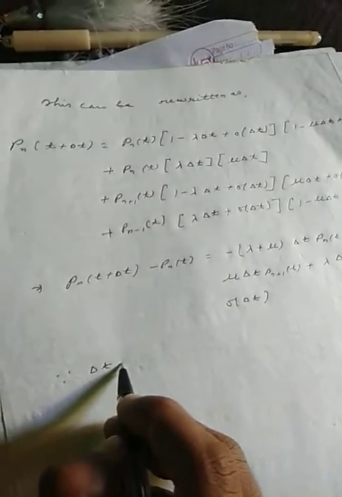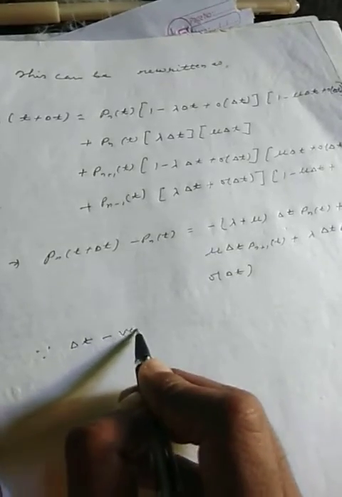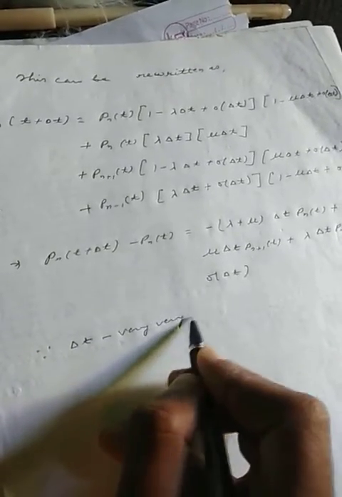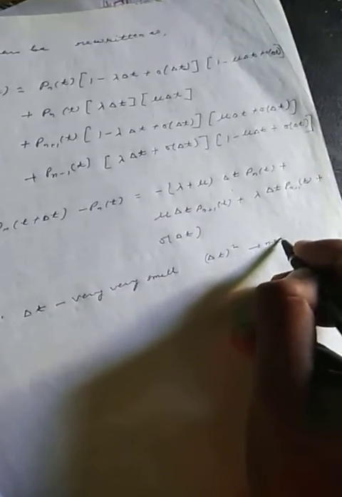Okay, so since we know that delta t is a very small term, so we can neglect delta t square.